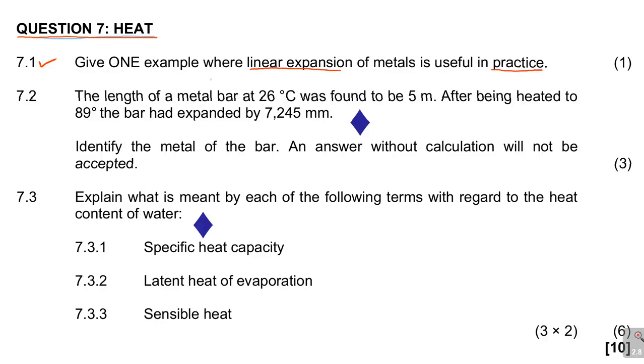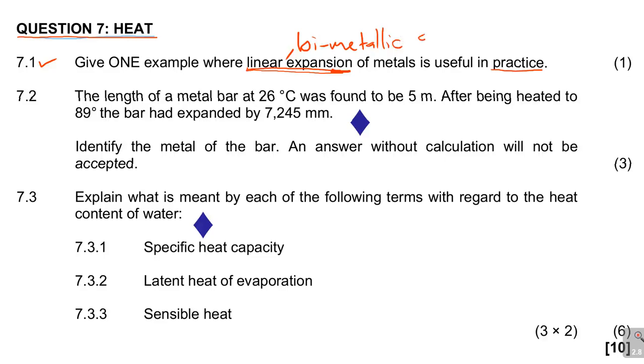In other words, what is the practical use where you find linear expansion? When we are talking about expansion of metals, think of things like the kettle in the house that is used to boil the water, the stove, the iron that you use for ironing your clothes, and the most important one there, the bimetallic strip.